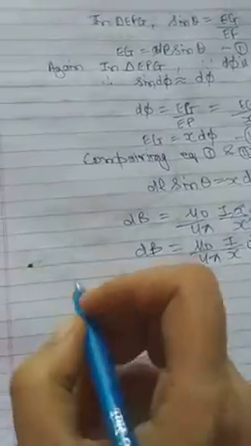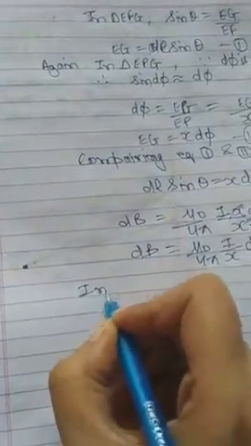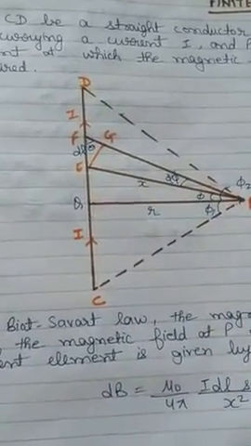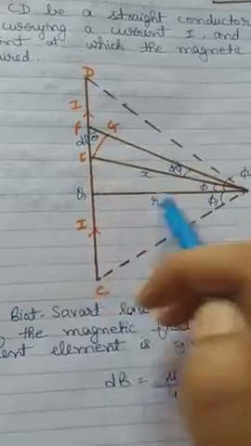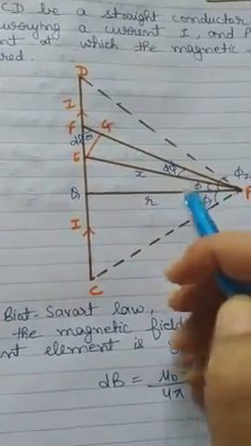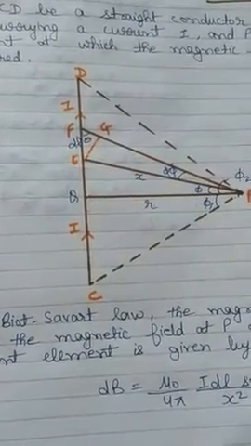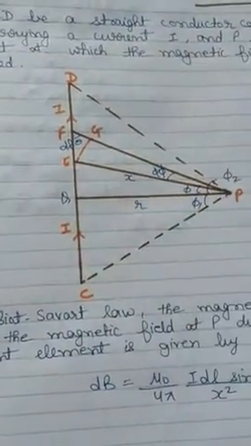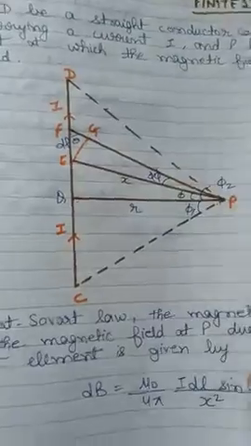Now again we are going to find out in a triangle. Which triangle are we going to take? EQP, or EPQ. So in EPQ this angle is phi, and we'll find out the value of cos phi, which is base by hypotenuse. Base is PQ and hypotenuse is EP.